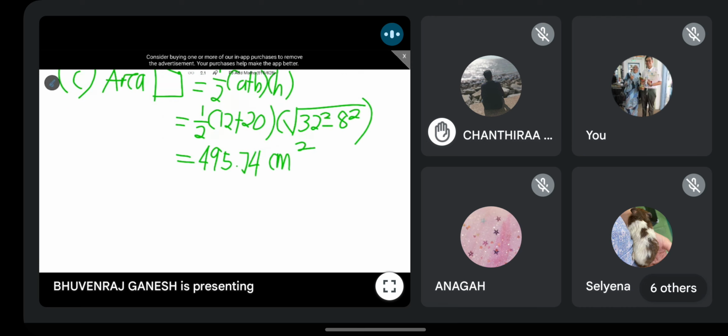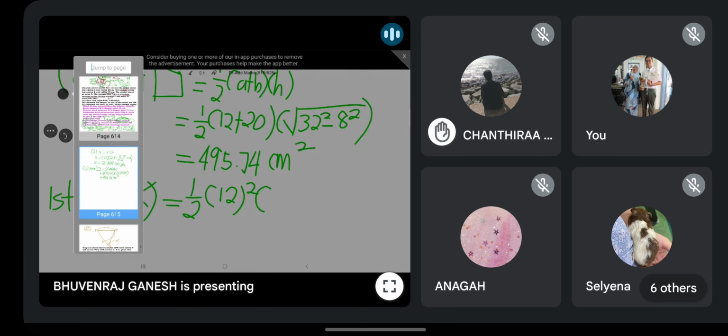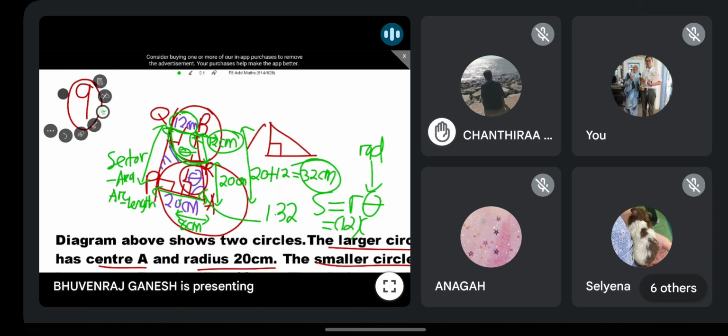So next, you must find the sector, luas sector. Kamu ada dua sector, so you must find separately. Kamu kena cari berasingan. Okay, let's say this is the first one lah. So setengah R, R untuk sektor kecil is 12. Theta, theta kalau kamu nampak, nilai dia adalah yang ni.